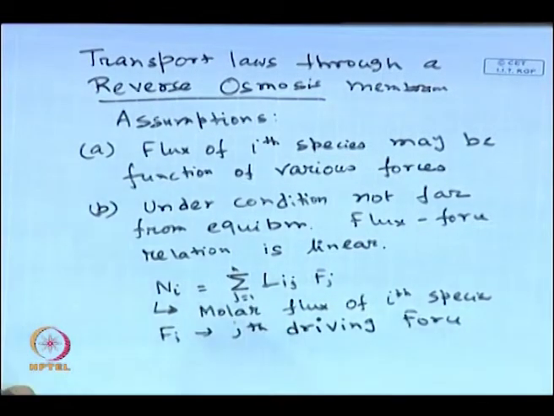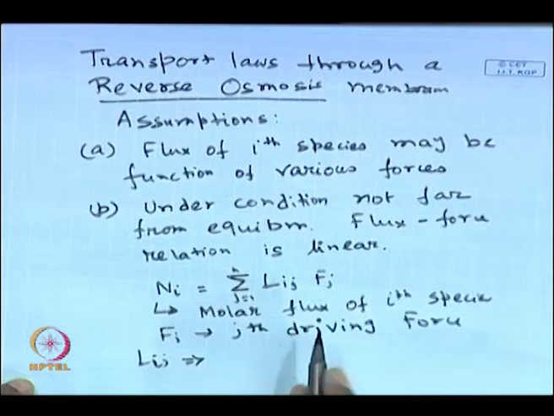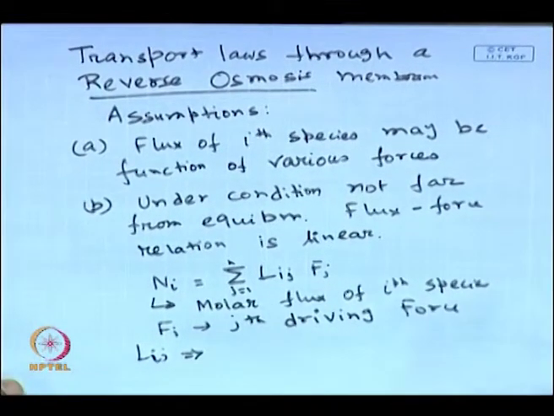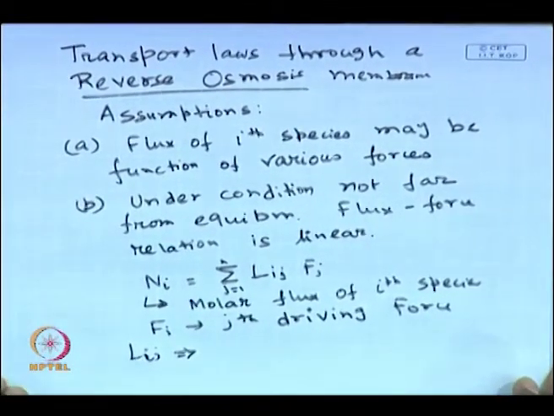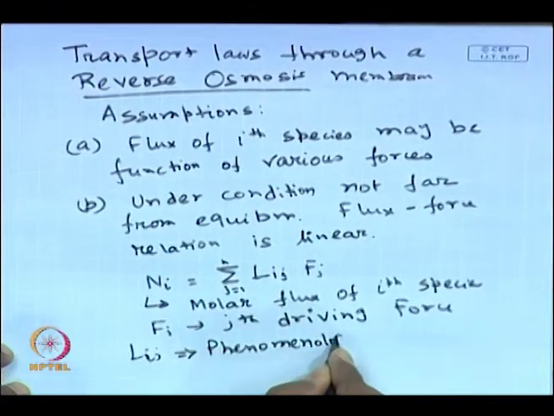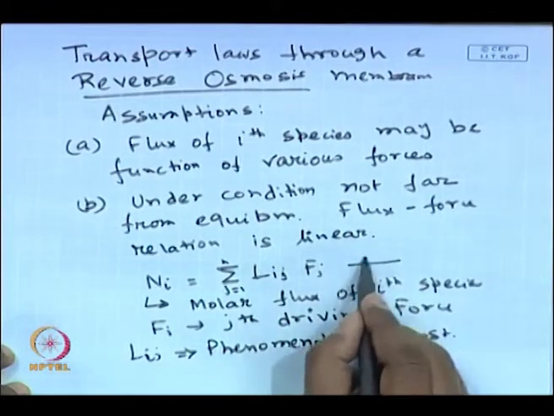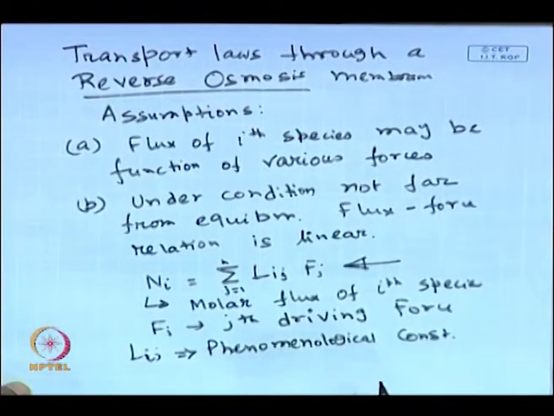Let us say n number of driving forces are present, maybe concentration difference, maybe pressure difference, and so on and so forth. And Lij are basically the proportionality constants, and more often they are known as phenomenological constants, because this relationship is derived from the phenomenological equation that I discussed at the start of the class.